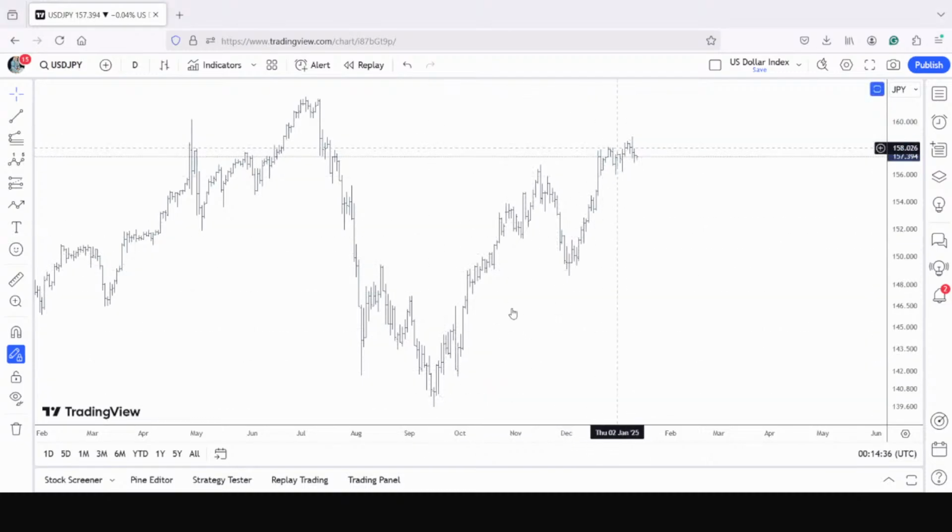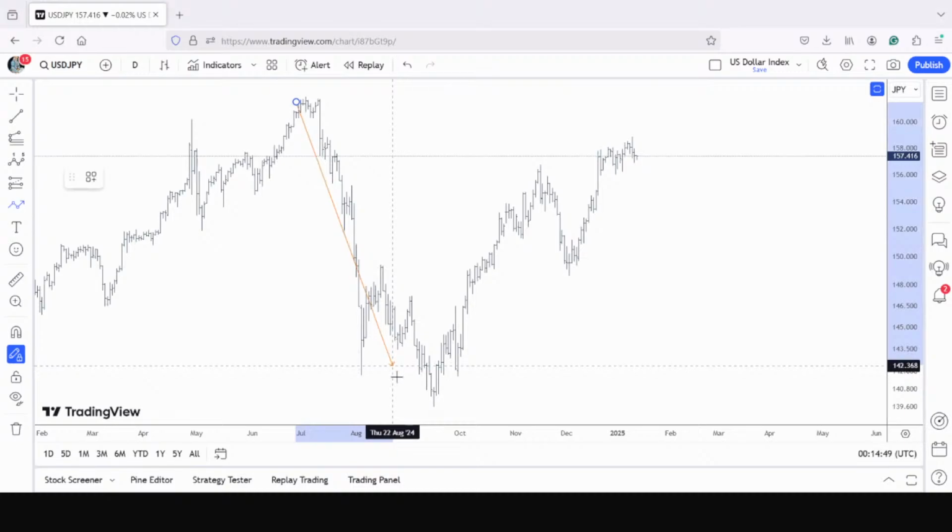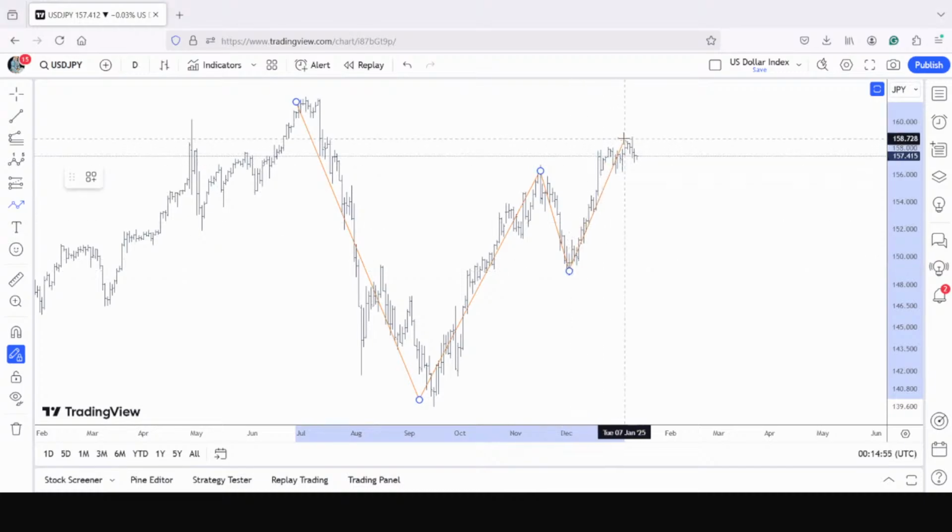So it could be an ABC complete, and maybe we've got the first impulse drop as well. So if you want to lay the path, that's the larger degree wave 1, followed by an ABC corrective wave higher. The highly probable trend should be a 5 wave move lower from here. So that's the daily chart perspective.